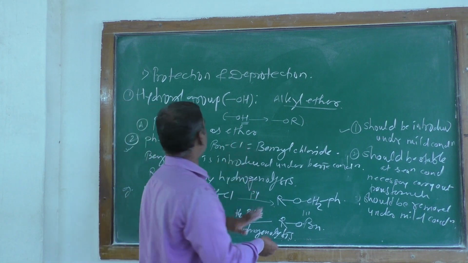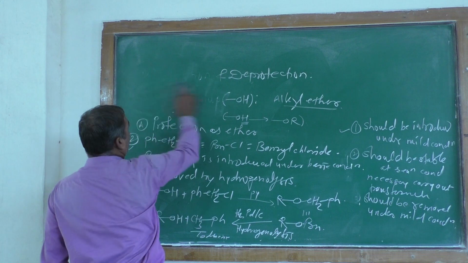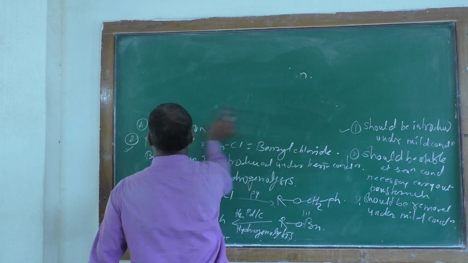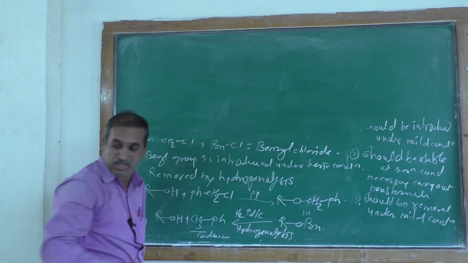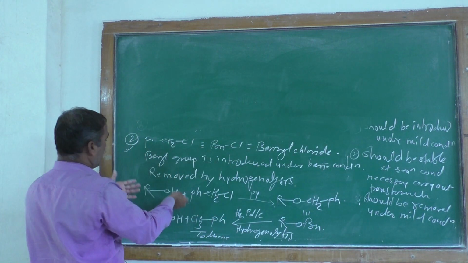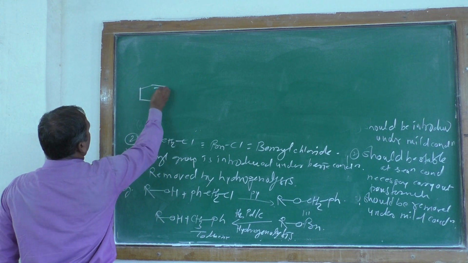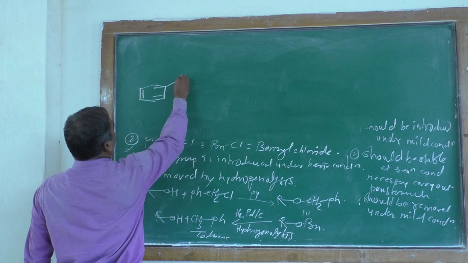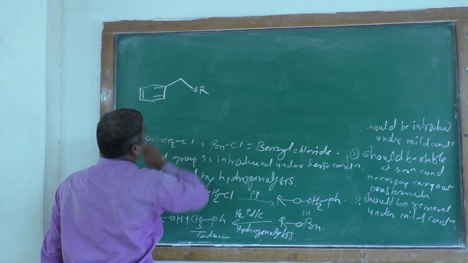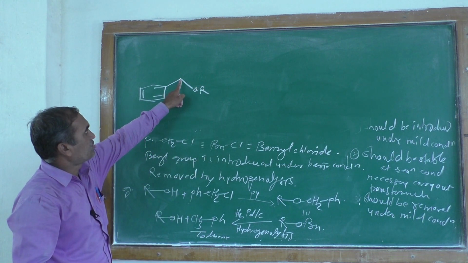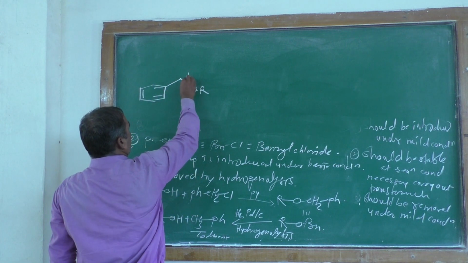For example, we are talking about how hydrogenolysis takes place. Suppose we have a starting compound, a benzene and then CH2, then OR. I am talking in general. This CH2 bond is called a benzylic carbon-oxygen bond.